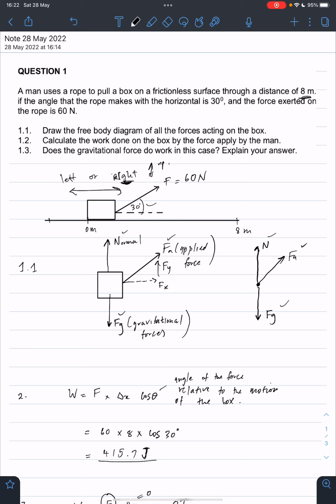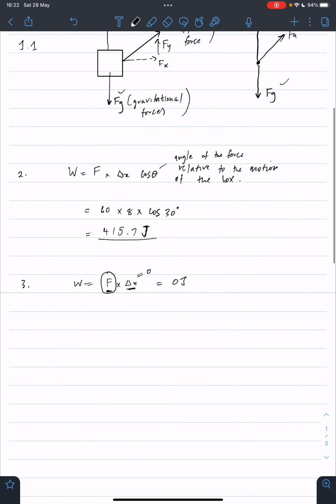Since there is no movement or distance traveled by the box in the y-axis, it means the gravitational force does not do work on the box.